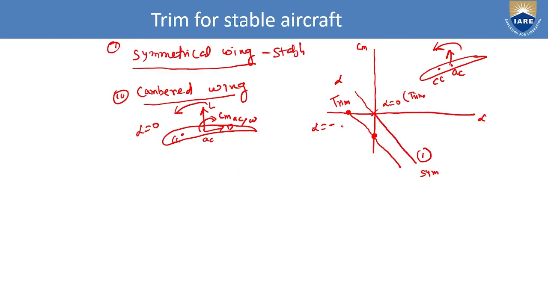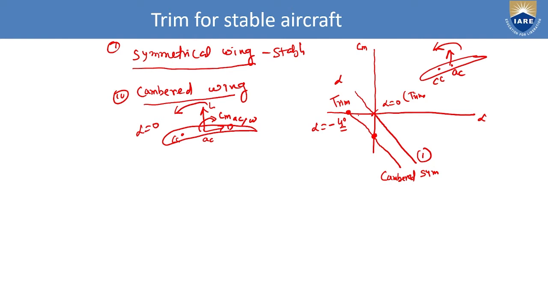So this you can see here that for the cambered airfoil, it is at minus some alpha, maybe minus 4 degree, you are getting the trim condition.